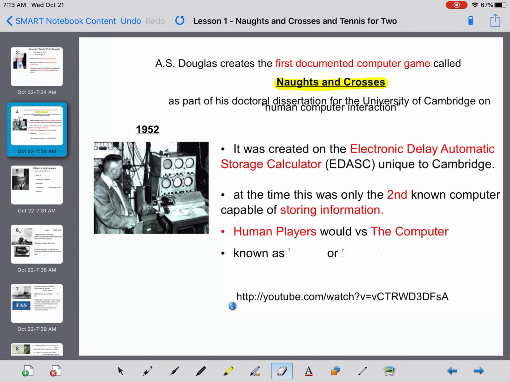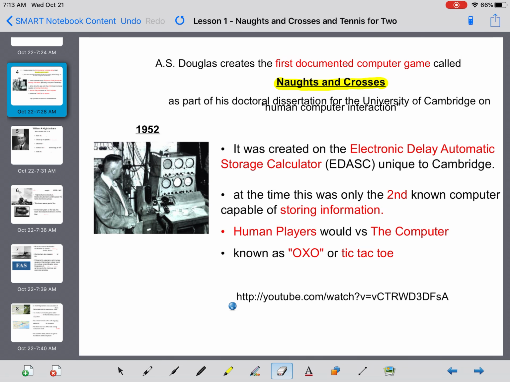Human players would verse the computer. So this is PVC. Player versus computer. The game was nicknamed OXO, or Tic-Tac-Toe. Let me see if I can pull this up for you guys.